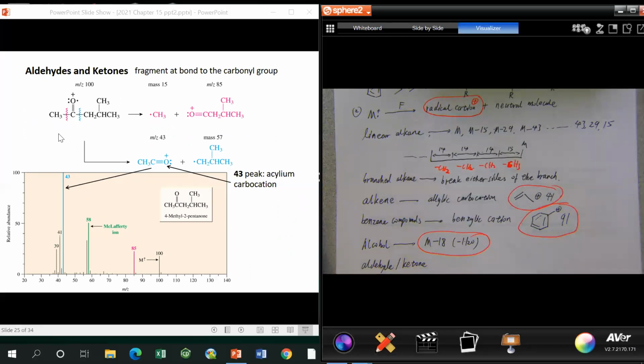It's a similar reason: oxygen can delocalize the positive charge, generating a more stable fragment. And if there's an acetyl group in the aldehyde or ketone, we know acetyl is the CH3CO group.